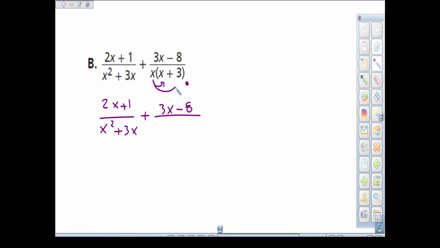I'm going to distribute this in hopes to get the same denominator. And it turns out I was kind of right. This is x squared plus 3x. Oh, okay, that's not bad. So once I distributed this x into the parentheses, I'm facing the same denominator. And because you have the same denominator, what do you do? Can somebody tell me? What do you do if you have the same denominator?